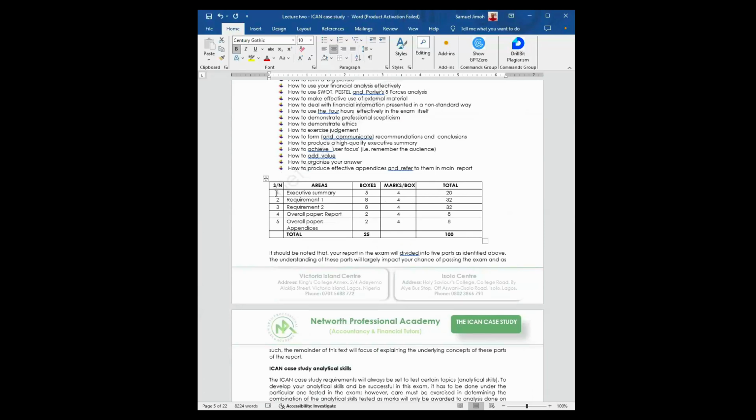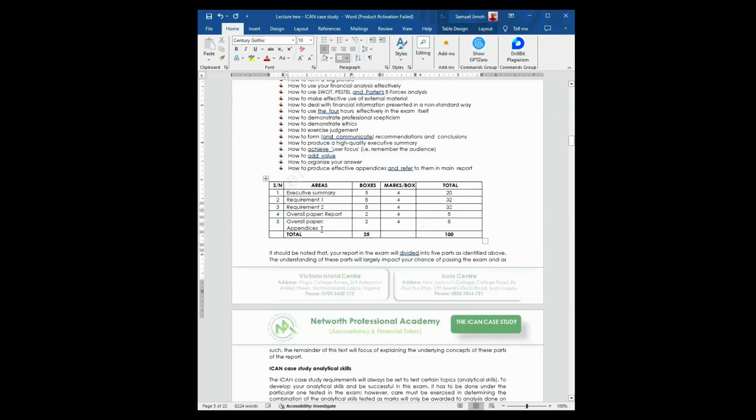I said that there are about five of those skill sets: we have the executive summary, we have requirement one and two, we have the overall report, and we have the appendices.